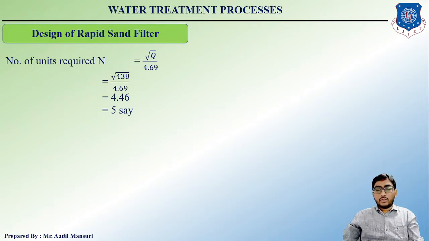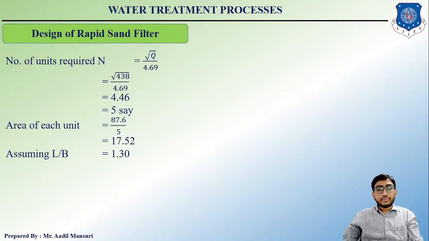So either we can go plus 1 or minus 1, but since a particular value is required, we cannot reduce it, right? So we have to go extra. So the number of units required will be 5, say for example, and the area of each unit will be 87.6 by 5, that comes out to be 17.52, right?